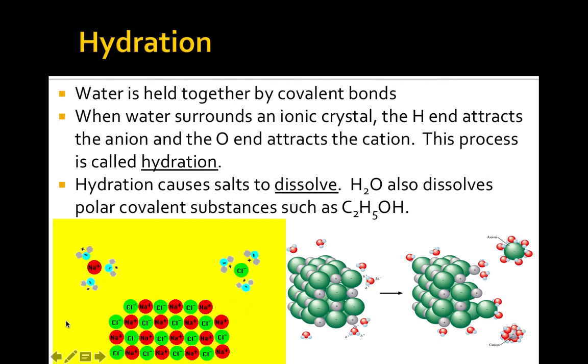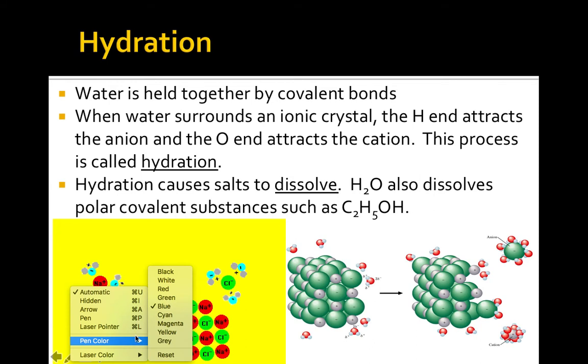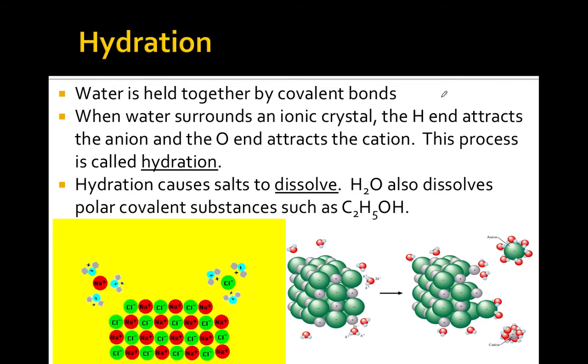So water is held together by covalent bonds. Hydrogen and oxygen are both nonmetals, making them have covalent bonds. When water surrounds an ionic crystal, so some metal and nonmetal bonded together, or some polyatomic ions with a metal, the hydrogen end is going to attract to the anion.